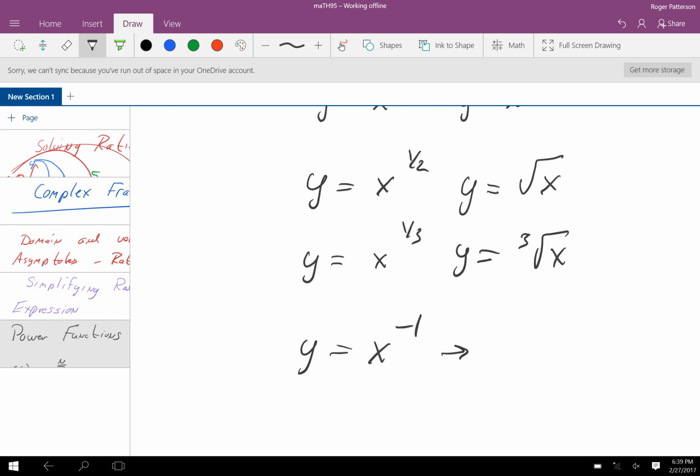How about that? What is that the same as? Y equals 1 over x. Very good. And that's a rational, which we did. So you see all these that we've been doing are kind of power functions when they're written in that kind of form. And that's what they're trying to get at here. All right, so these are all power functions.